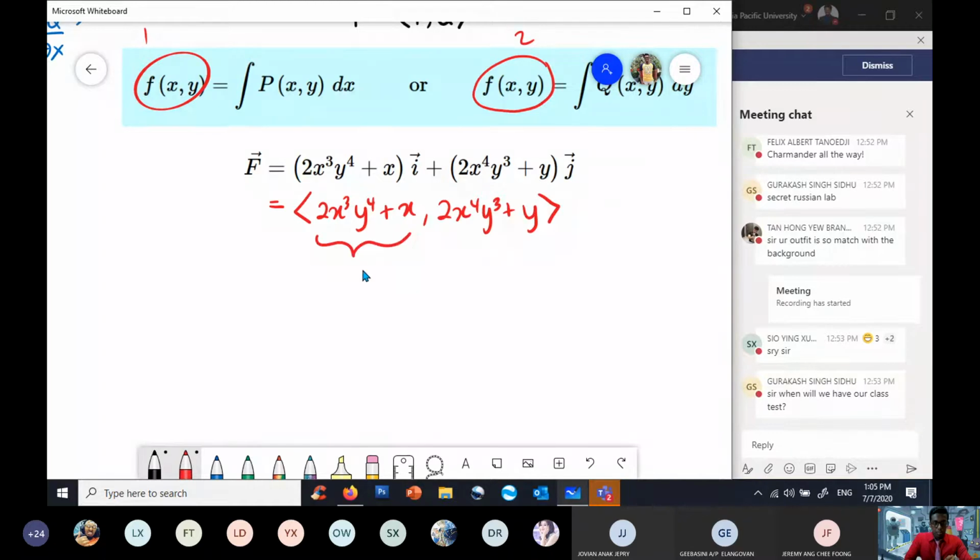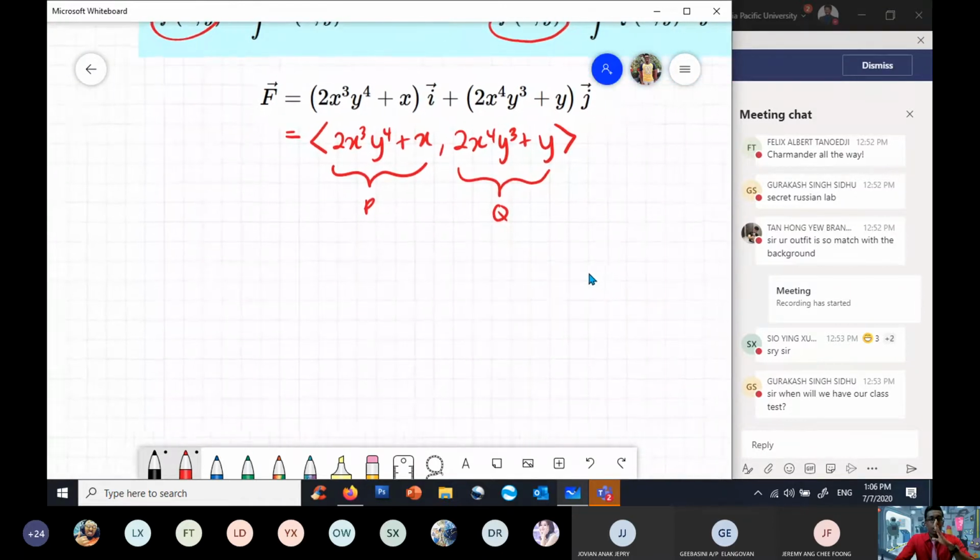This is your P, this is your Q. I can start from P and then I argue, and eventually I go to Q. You will see what I mean in a few more minutes, and then get the answer. Or I can start from Q, argue, and then go to P and get the same answer as well. It works both ways. So I'm going to try one of it. I'm going to start from P, and then I want to eventually go to Q and finally get the answer. Okay, I'm going to do one way first.